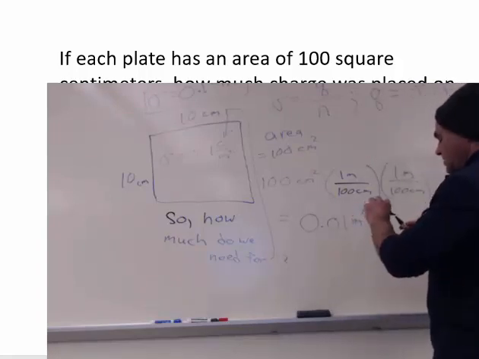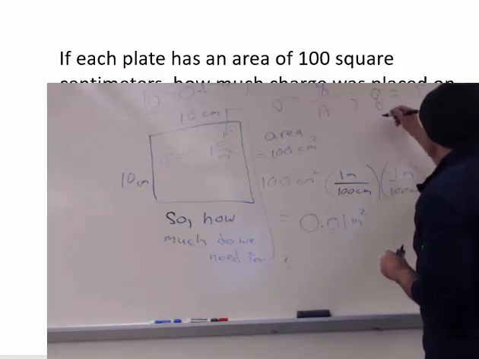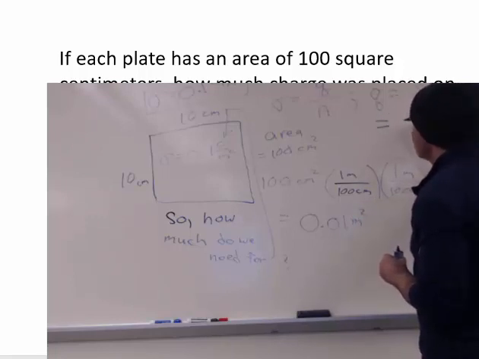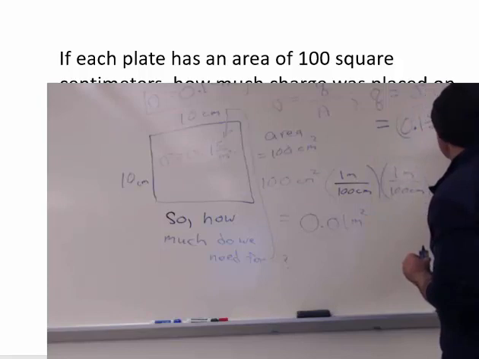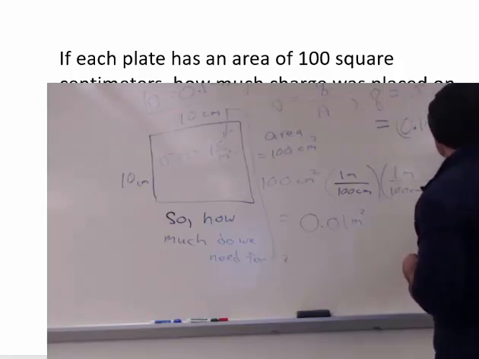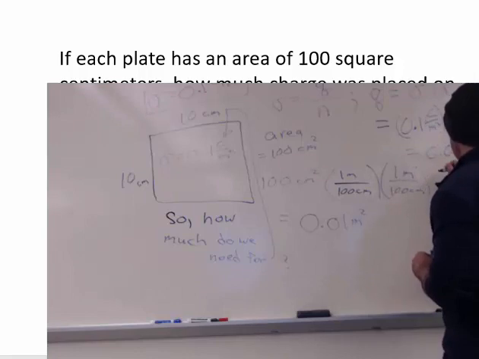That's going to be equal to 0.1 coulombs per meter squared times the area of 0.01 square meters. That's equal to 0.001 coulombs.